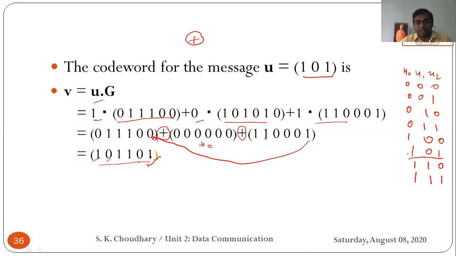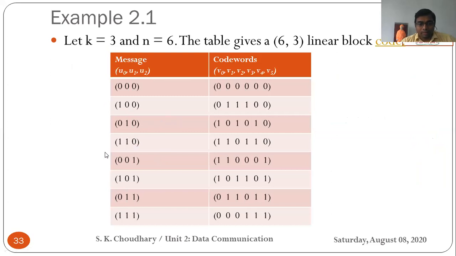Now we have to cross verify whether our answer is right or wrong. For the message 101, you are getting the 6-bit code word 101101. So go to that particular table and confirm the idea, is it correct?